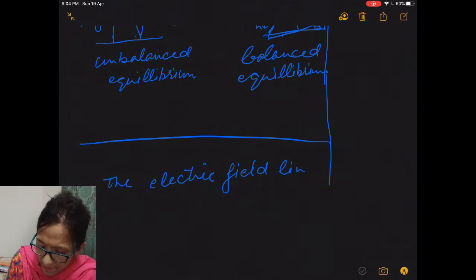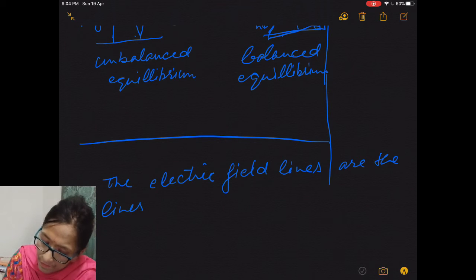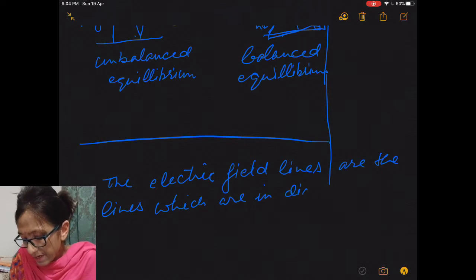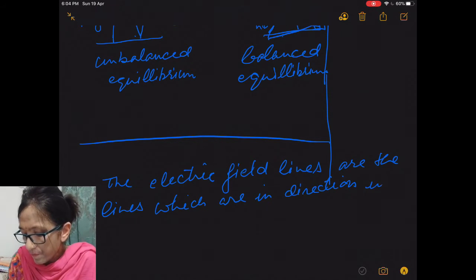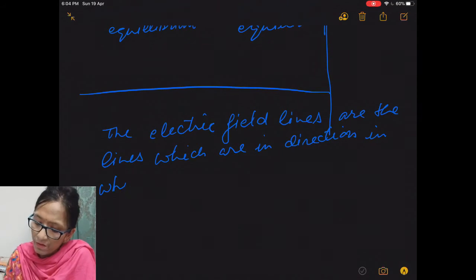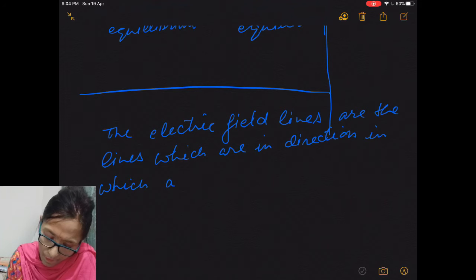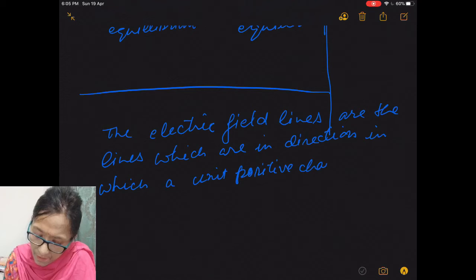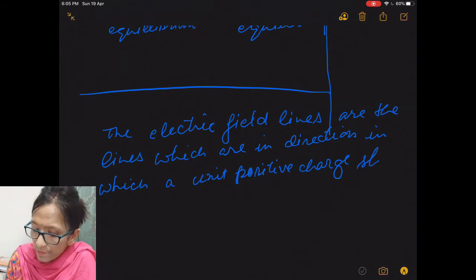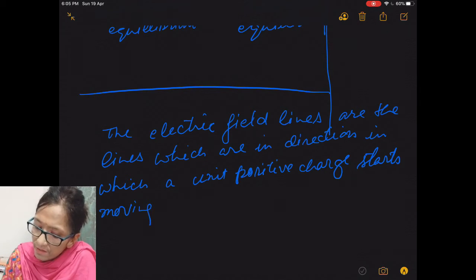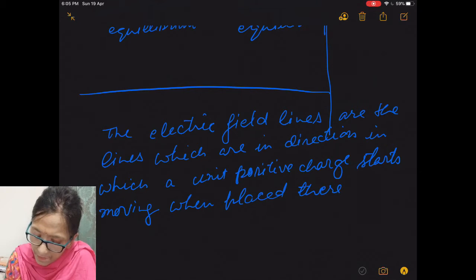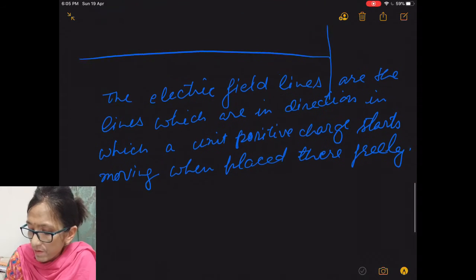The electric field lines are the lines which are in direction in which a unit positive charge starts moving when placed there freely.